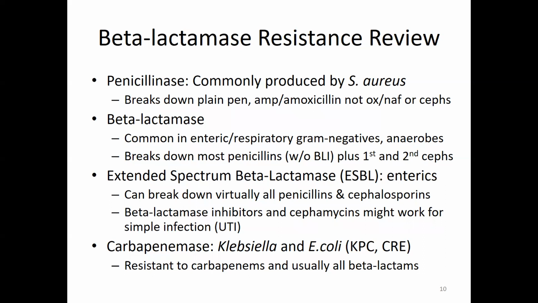The regular beta-lactamase, what I like to call it, that's what's in the enteric gram-negatives like Klebsiella and E. coli, and the respiratory pathogens like Moraxella produces it most of the time, Haemophilus some of the time, and then anaerobes like Bacteroides. These will break down most all of the penicillins that don't have a beta-lactamase inhibitor, plus the first two generations of cephalosporins.